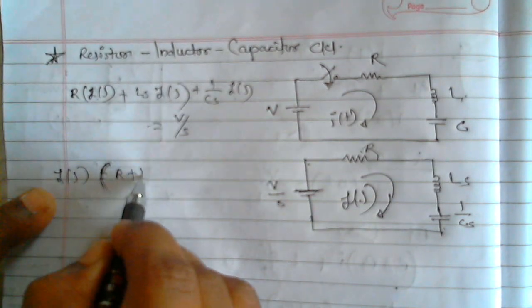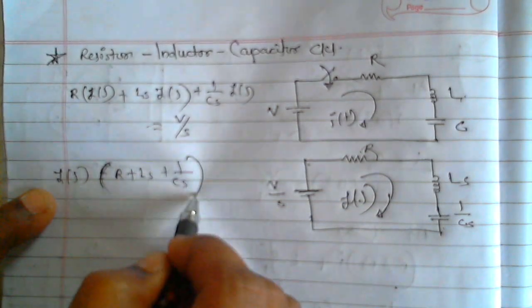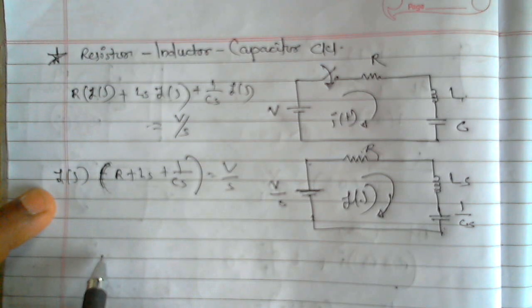It will be R plus LS plus 1 by CS equal to V by S.